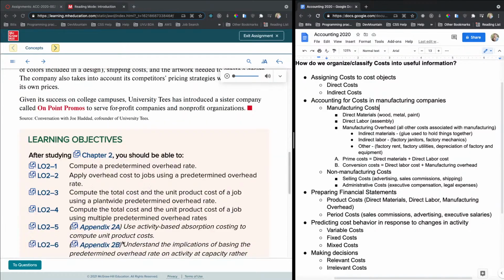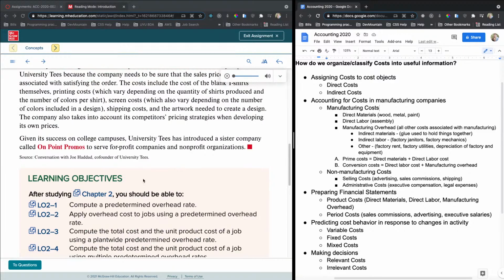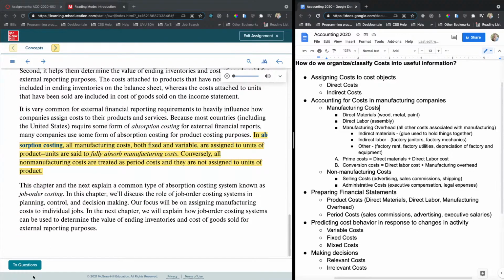Well, I guess the T-shirt example that we saw is a manufacturing company, so it's less like what I was explaining, a business that does an installation. But let's go to the next page here.